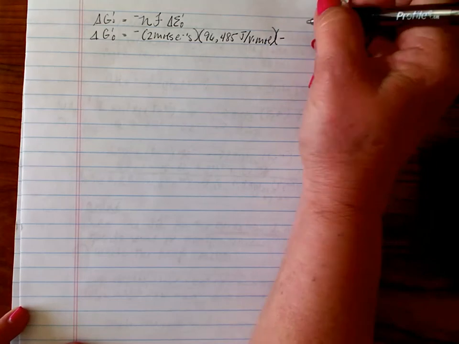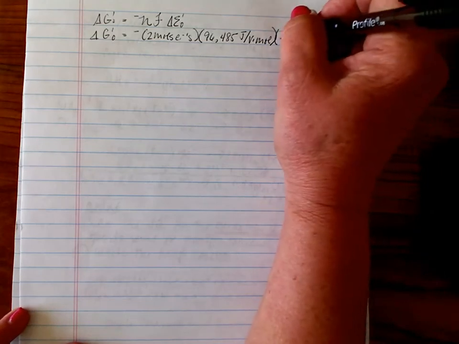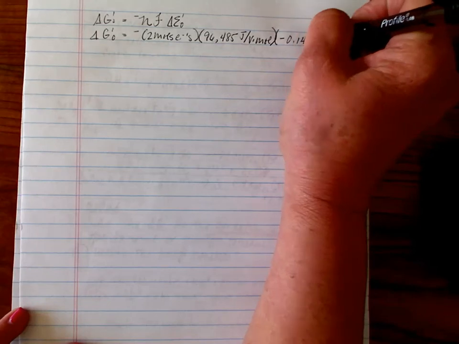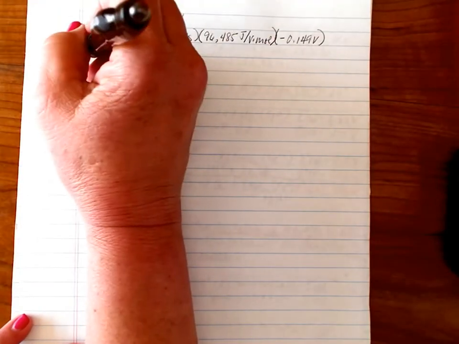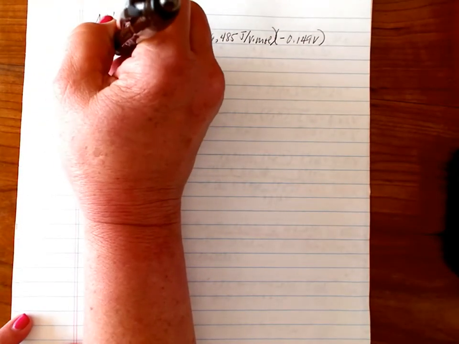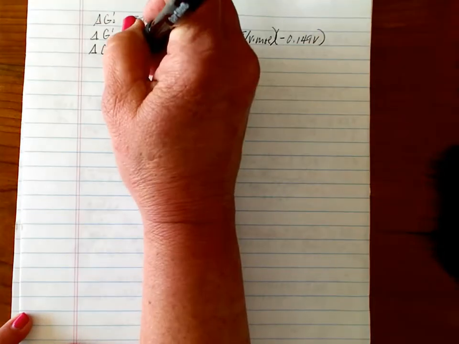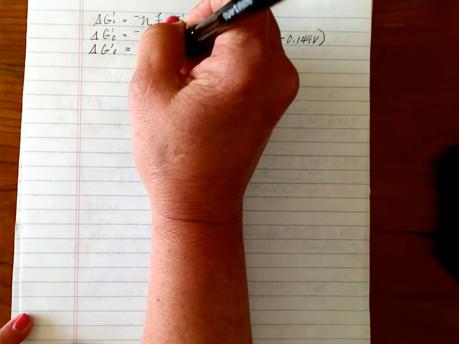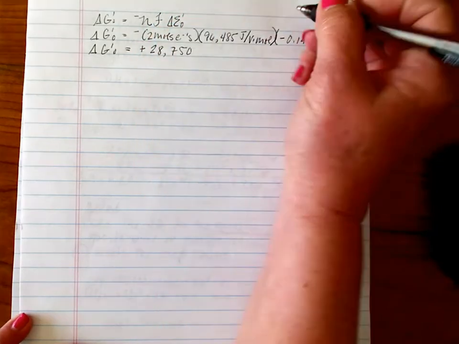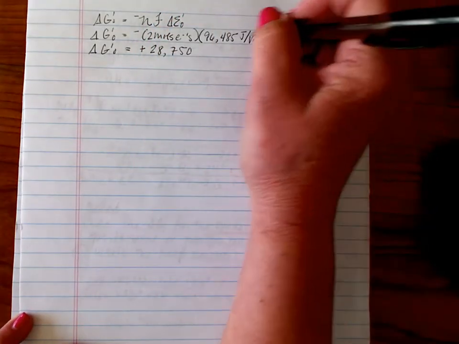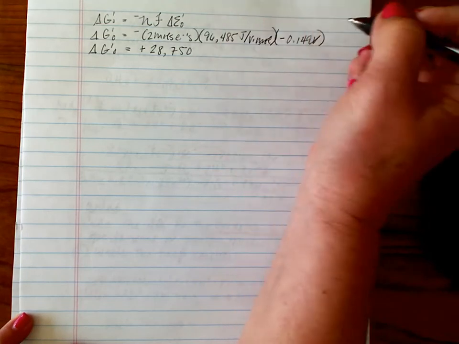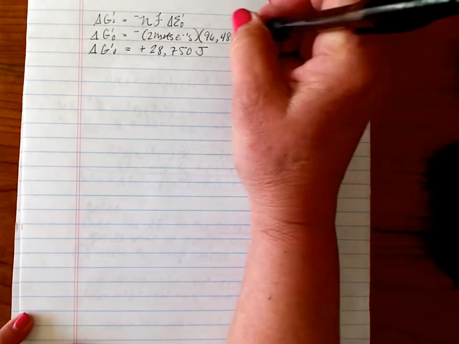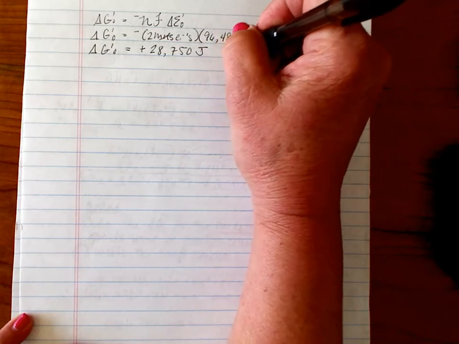Times the change in E, which is a negative 0.149 volts. So it gives us a positive 28,750 joules, which is a non-spontaneous reaction.